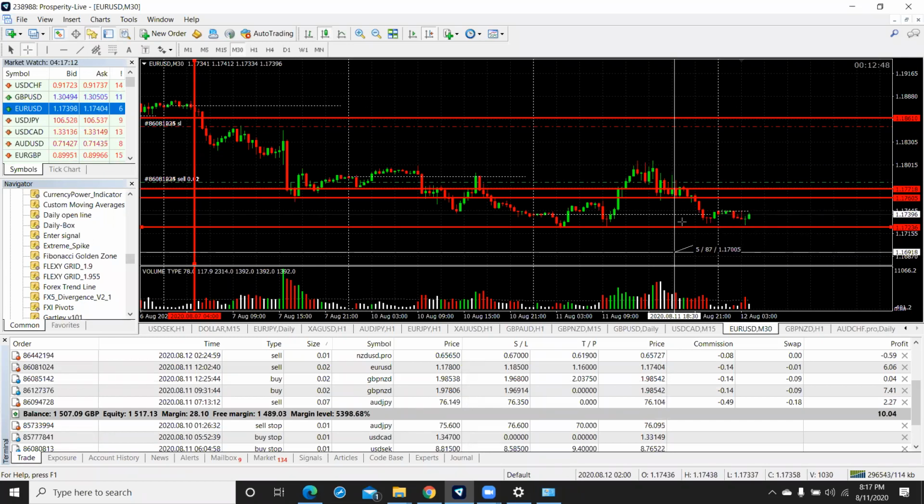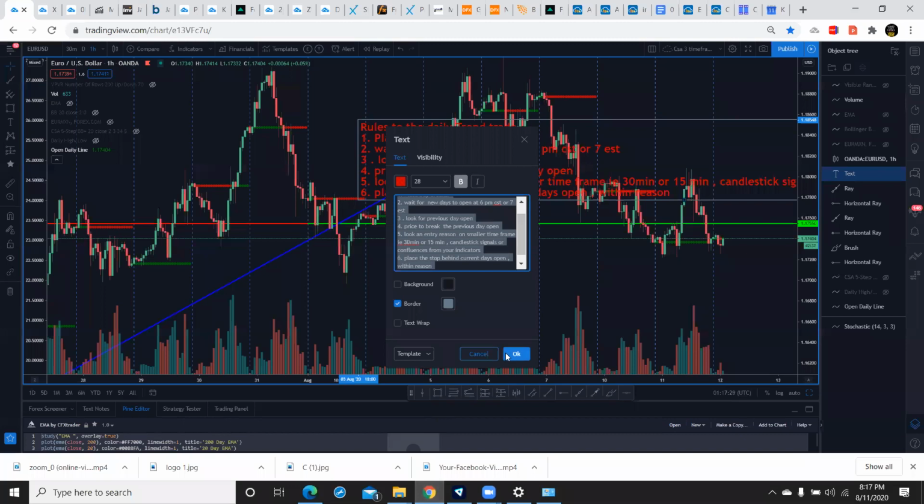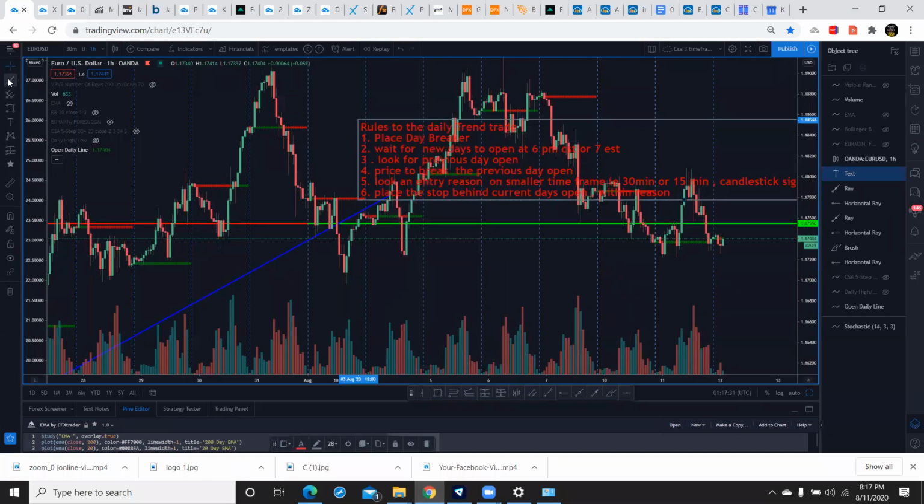So for instance, if this is the previous day's low, but for some reason momentum shoots real heavy, it gives you an entry. You just want to look for a candlestick pattern or somewhere you're going to be able to base your trade. So with that being said, I'm going to give an example to make it a little bit more clear.